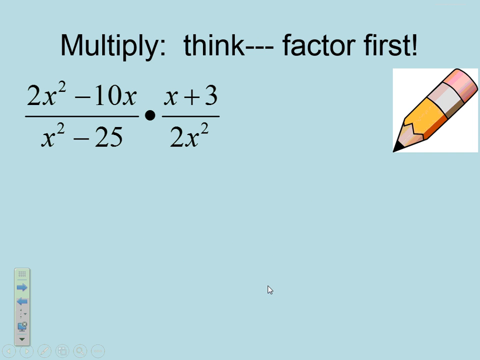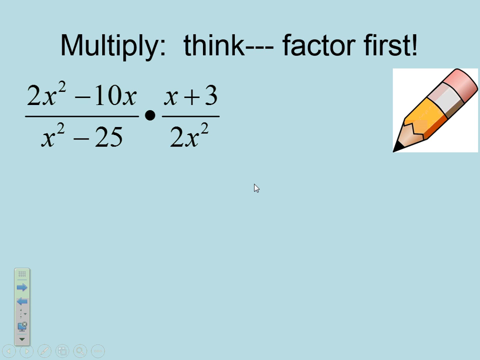Okay, so now I have a rational expression, and I am multiplying these two rational expressions. What you need to think about first is, no, we don't want to take 2x squared times x and get an x cubed or get an x fourth, because we're not going to be able to do anything with x cubes and x fourths.